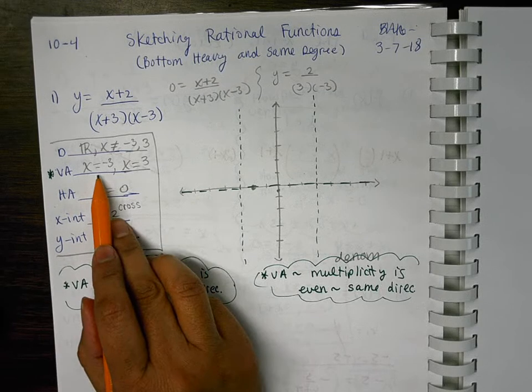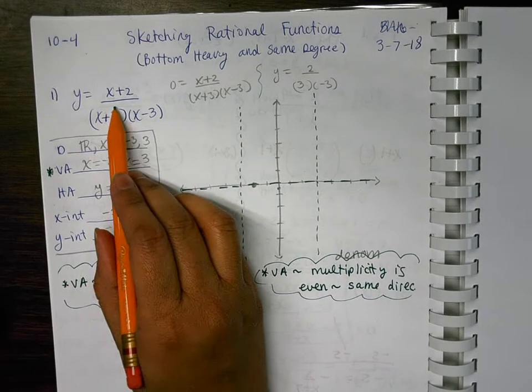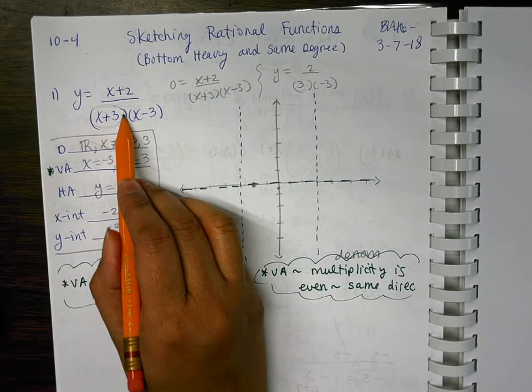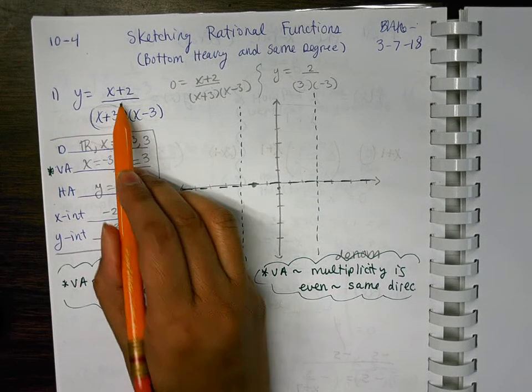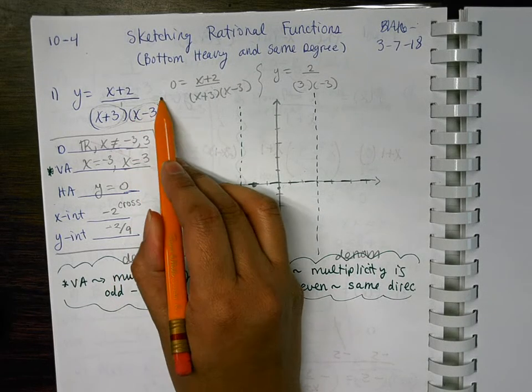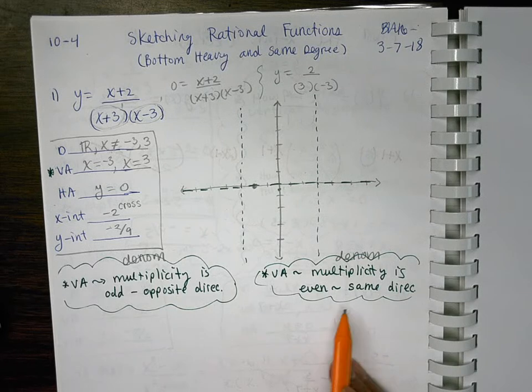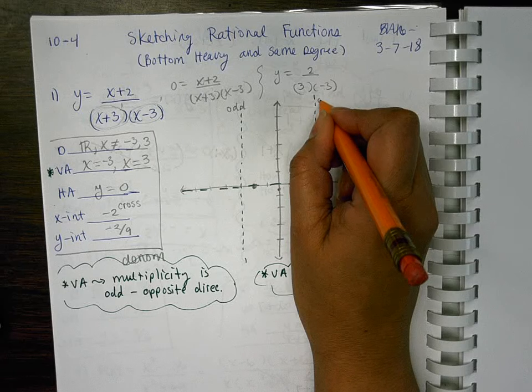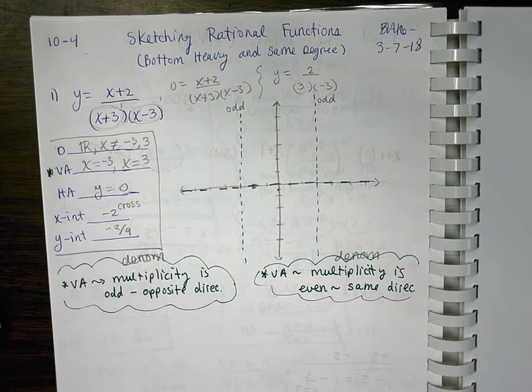X equals negative 3 came from this guy right here, correct? Yes or no? What's the multiplicity? 1. The x equals 3 came from this one here. What's the multiplicity? So they are both even or odd? Odd. So I'm going to put a little note up here. I'm going to put the word odd. And then as we graph, we'll see how that helps us.